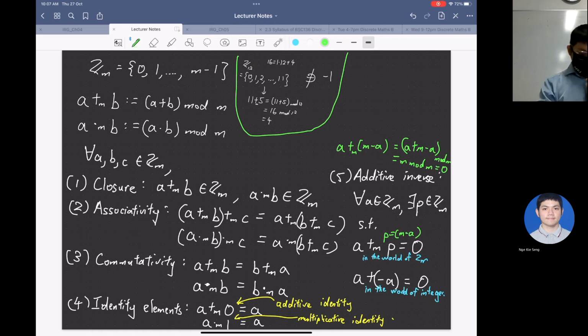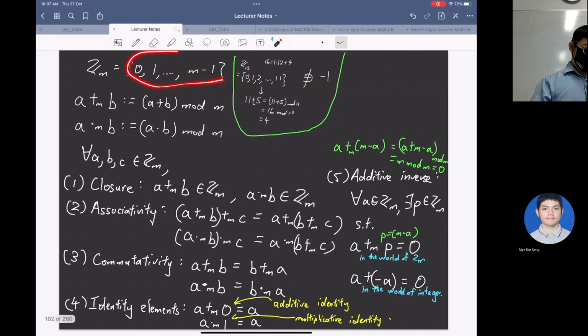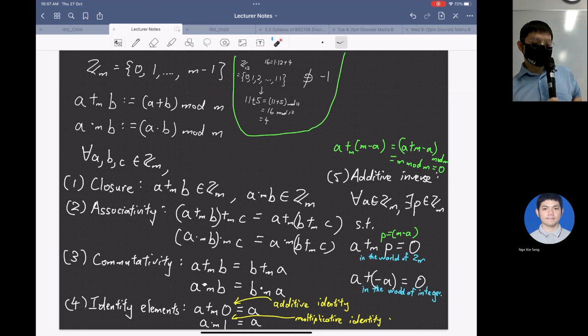Because a is always less than the divisor. So if you take the divisor minus a, you will always remain in the set of Zm. Because Zm is all the numbers that are less than m. So if you take m and minus all these numbers, you will stay in Zm again.